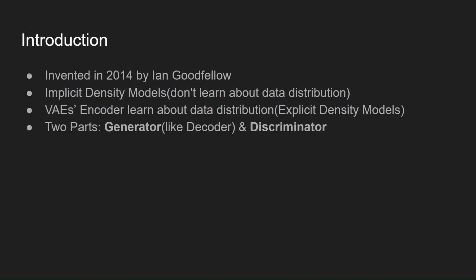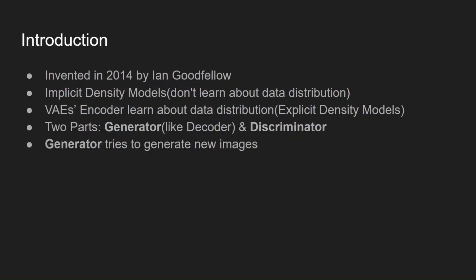There are two parts of GANs. One is called the generator and the other one is called the discriminator. The generator is like a decoder, which is going to generate the image from noise, and the discriminator is going to discriminate between two different things, as the name suggests. But in the upcoming slides we will see more about the discriminator.